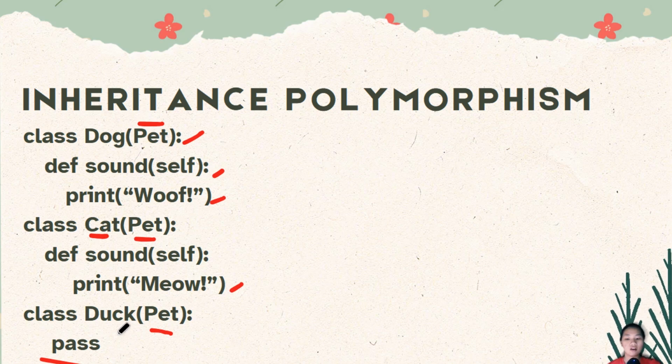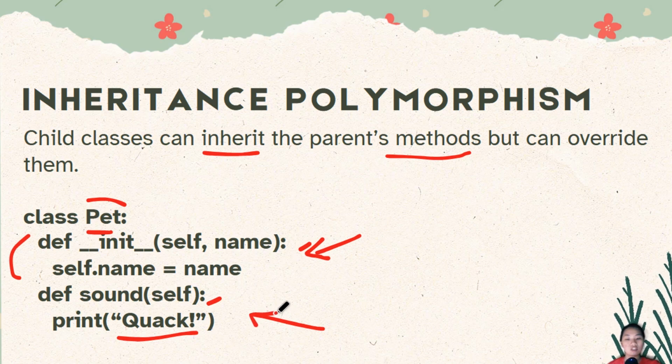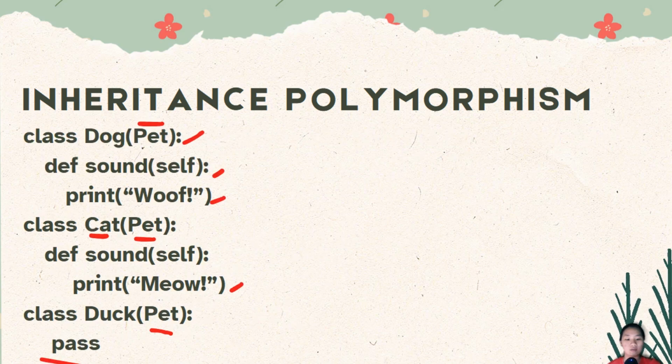And duck obviously is going to inherit everything from the parent pet. It's going to inherit the init function as well as the sound function because it does not have its own methods or functions to override these two. Okay, and duck is just going to print out quack, as simple as that.